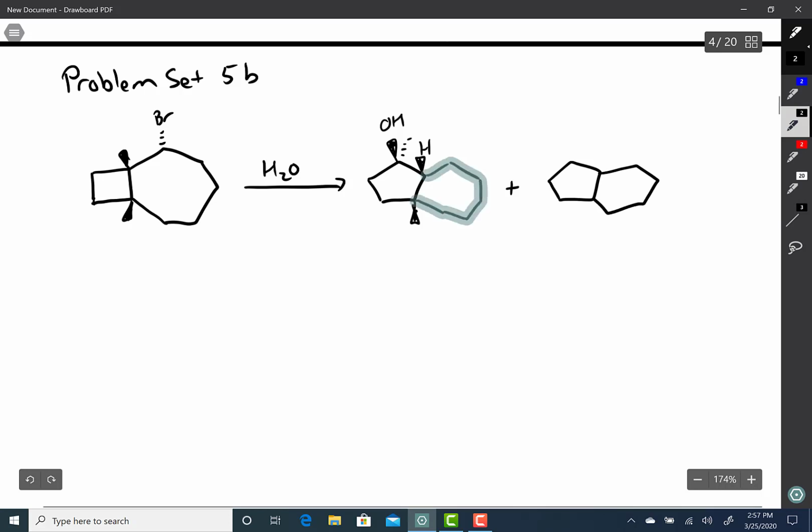It's a pretty lousy ring. Let me make that a better 6-membered ring. Okay.